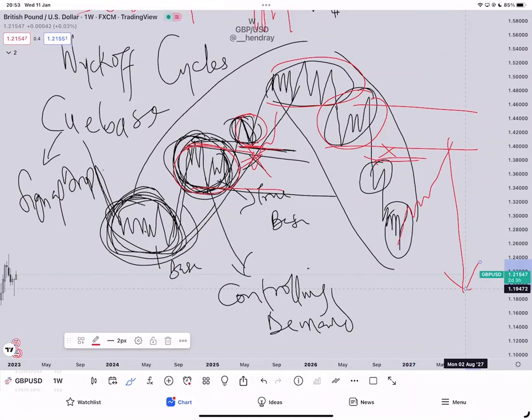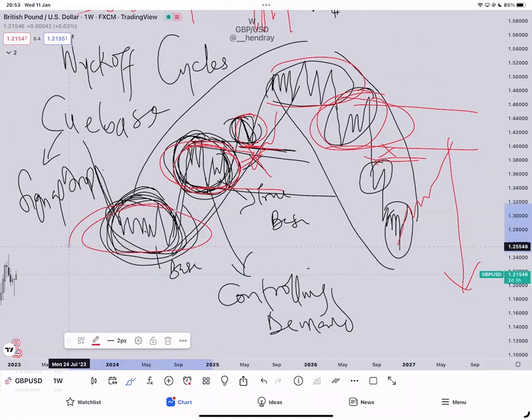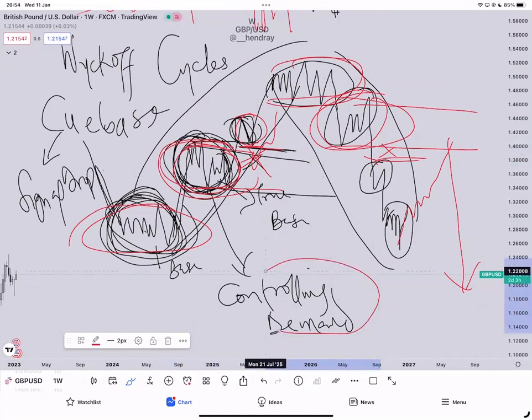Your controlling demand and supply are your reaccumulation and your redistribution around the range. If price is not using your accumulation or distribution areas, you should know that your POI area, that is your range, where you'll be looking for continuation of order flow, to take a continuation trade, will be around the controlling demand or controlling supply.